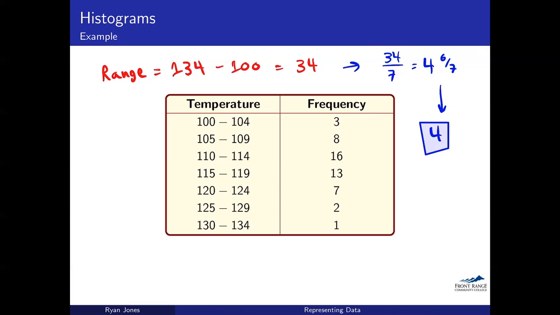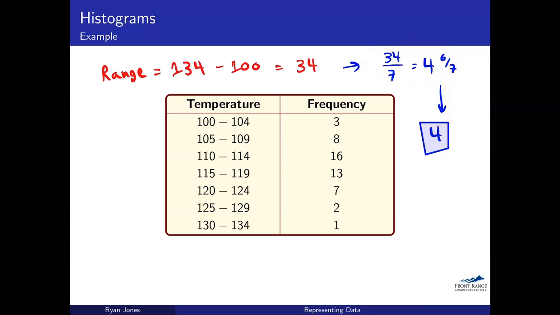That's a good indicator of what my range should be in order to encompass all of that data. So there's a handful of ways that you can figure out, if I want this number of intervals, in this case 7, what should I make my interval range, in this case 4? You can guess and check. You can also find the range of your data, then divide and round down to the nearest number.